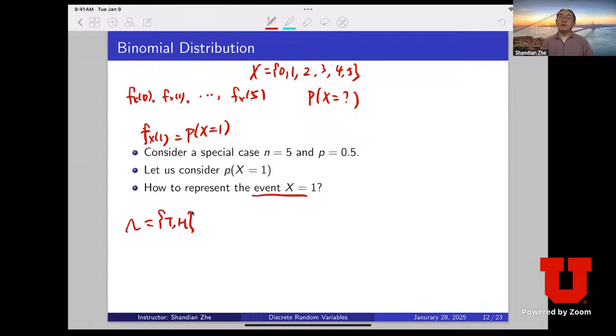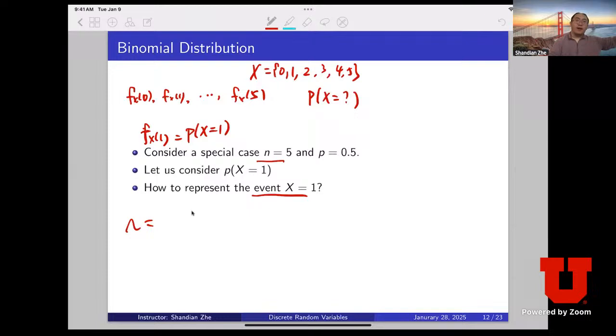Right, you have actually given us the correct answer about the size of the sample space. But here, we want to first clarify that now you are throwing the coin 5 times. Each time you see a side.